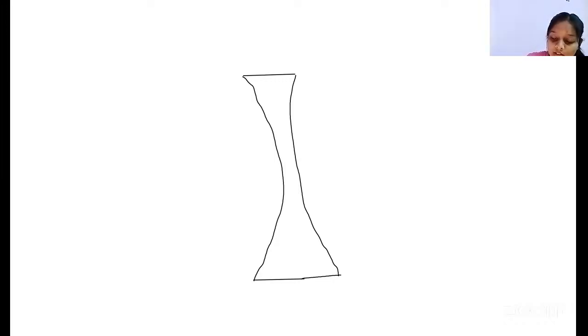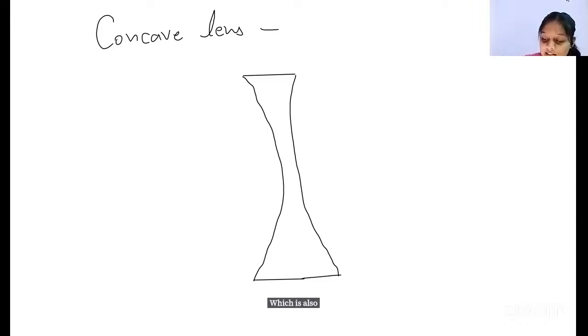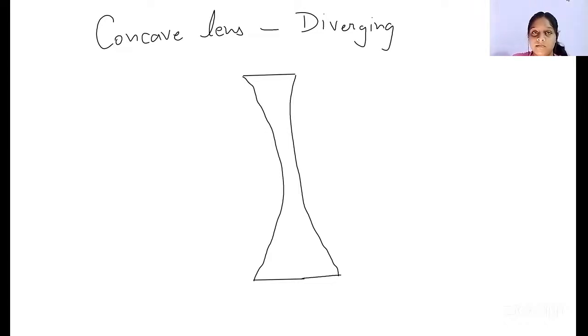This is a concave lens, which is also a diverging lens.